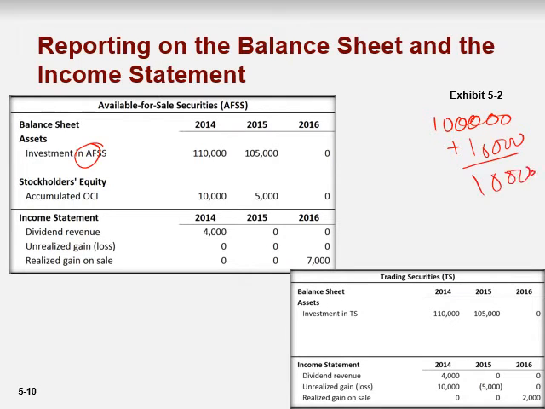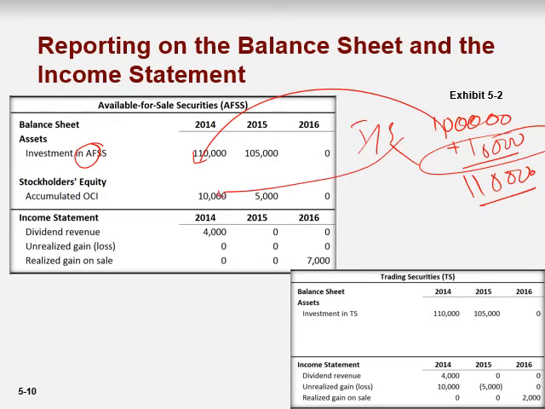So in 2014 we recorded 110,000, but this 10,000 did not go to the income statement, it went to other comprehensive income, which is also a part of shareholder equity.